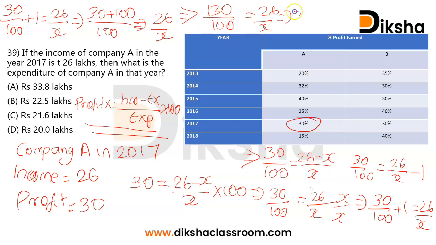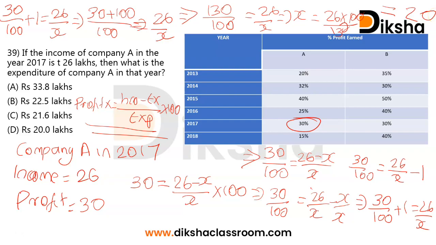So x equals 26 into 100 by 130. The zeros get cancelled, and we get the value as 20 lakhs.